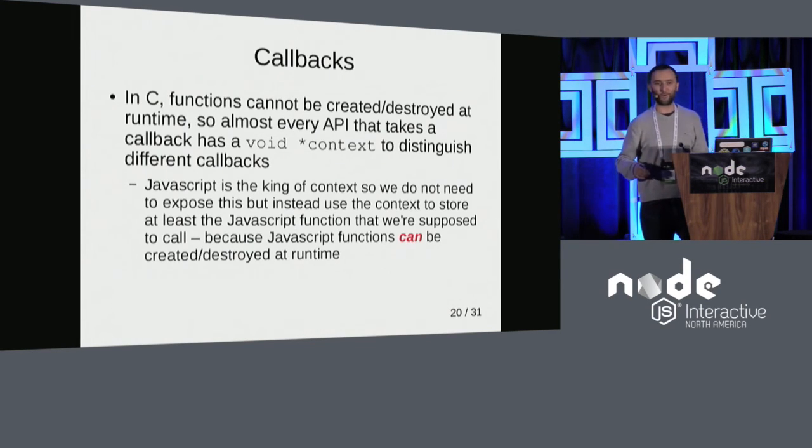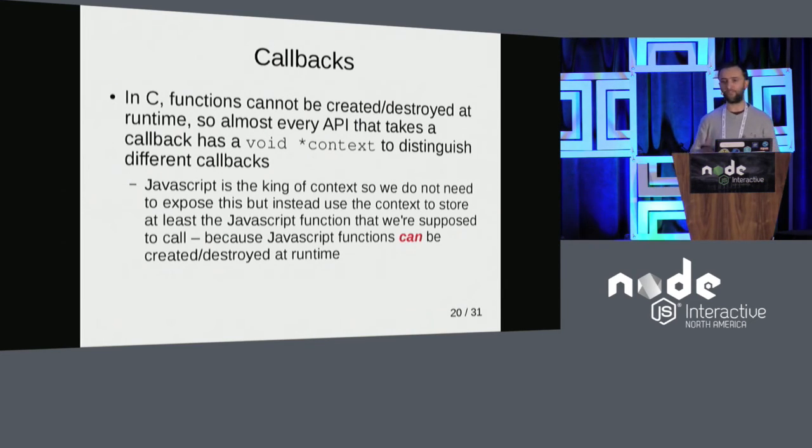I talked about void star context at the beginning, and this is super essential that the C library that you're looking at have these context parameters for all their callbacks.